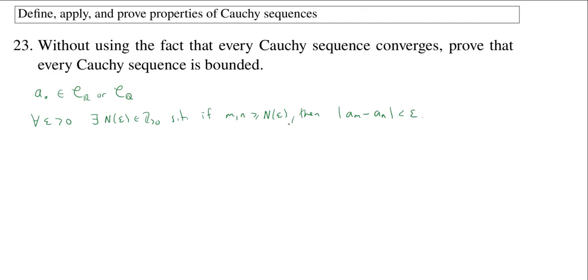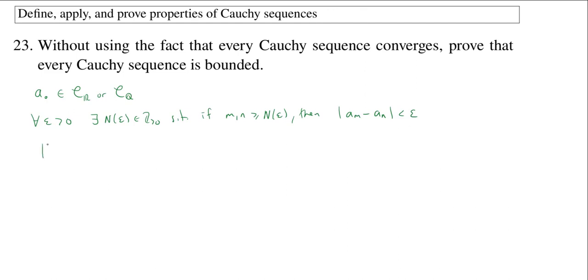So the way I'm going to do this is, since I get this inequality starting at n of epsilon, I'm just going to compare everything past n of epsilon with a sub n of epsilon. All right. So we have the following.